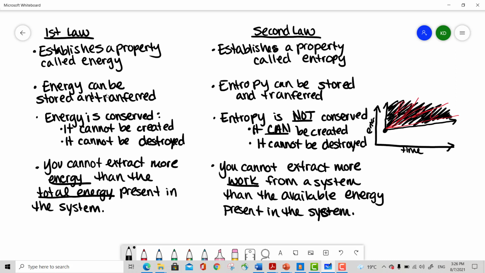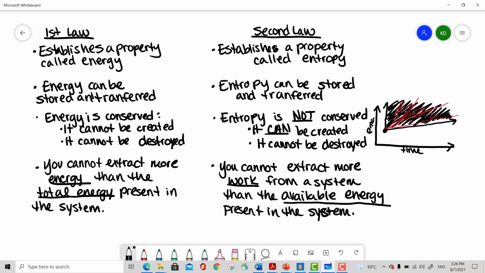So we know this also because we know that we move energy by way of work or heat transfer, Q or W. So if we only have a certain amount of available energy, we can't turn that into more work than what our energy can do in a system. So those are common sense.